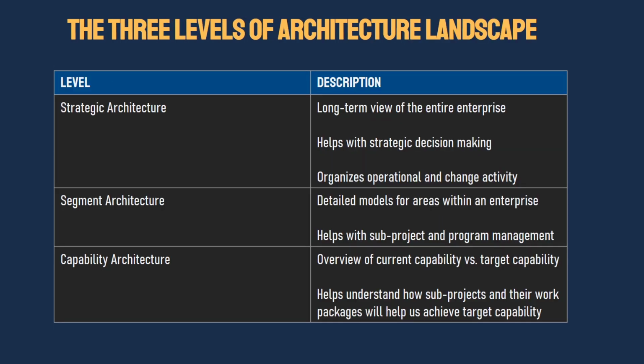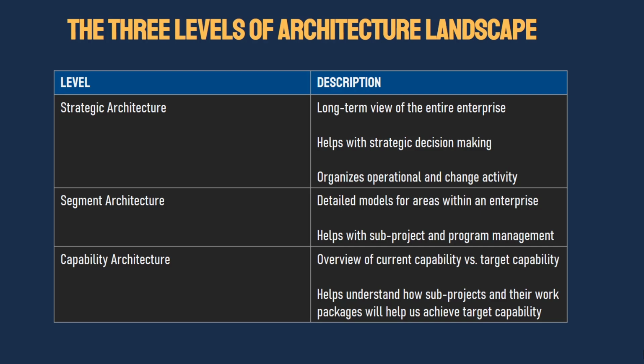The three levels of architecture landscape include strategic architecture, segment architecture, and capability architecture. Strategic architecture is all about the long-term view of the integrated enterprise and where it is going to go. This helps with very strategic decision making. It organizes operational and change activity for us.